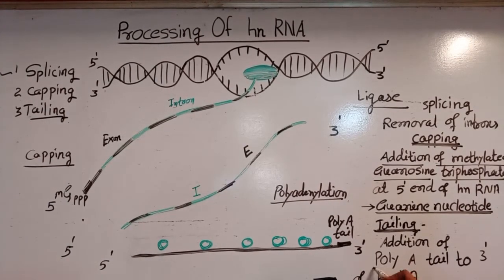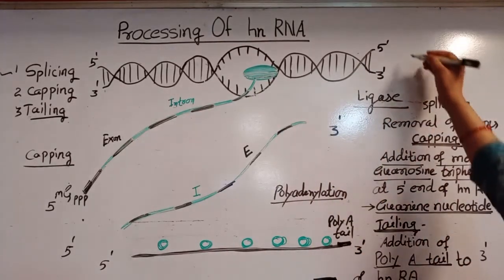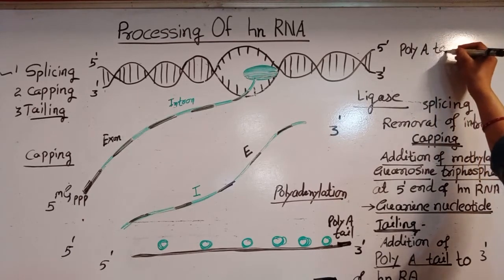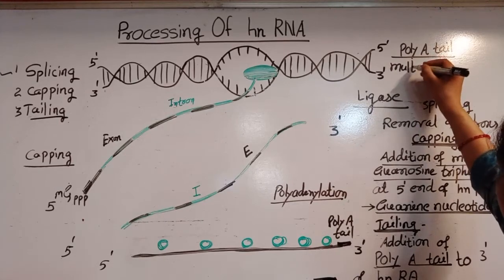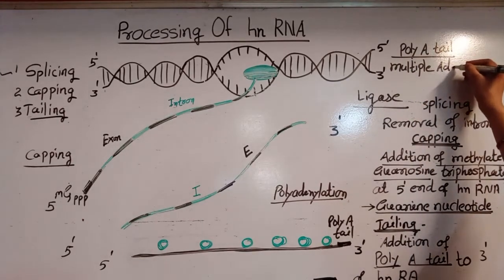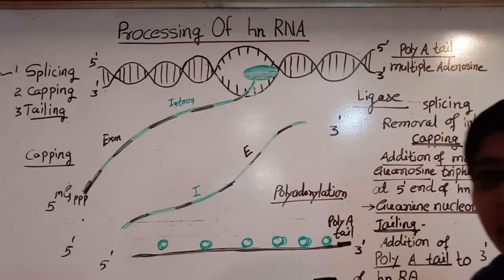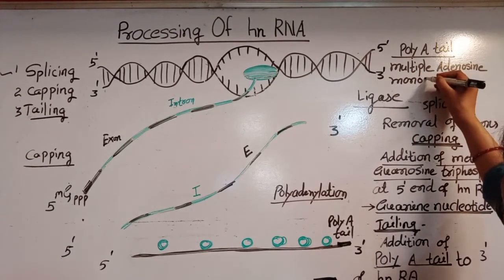So poly-A tail, here A means adenosine, and poly means many. Poly-A tail means multiple adenosine monophosphates.